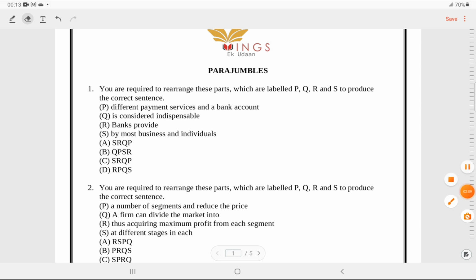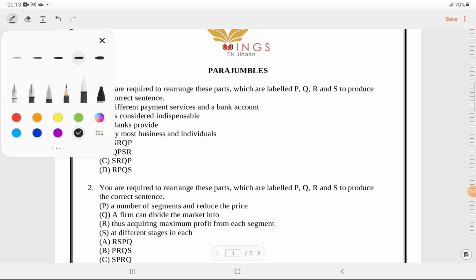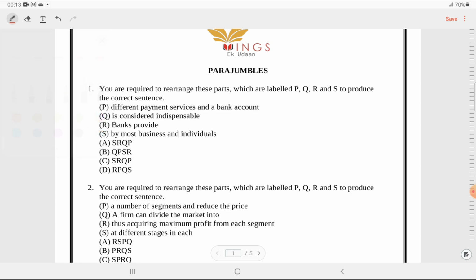Yes, the very first one. I'll just read the first one for you. You are required to rearrange these parts which are labeled P, Q, R and S to produce the correct sentence.